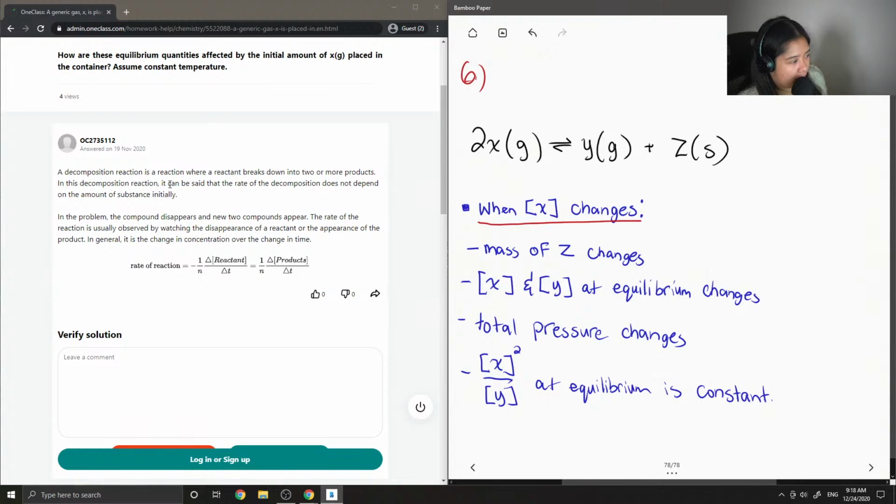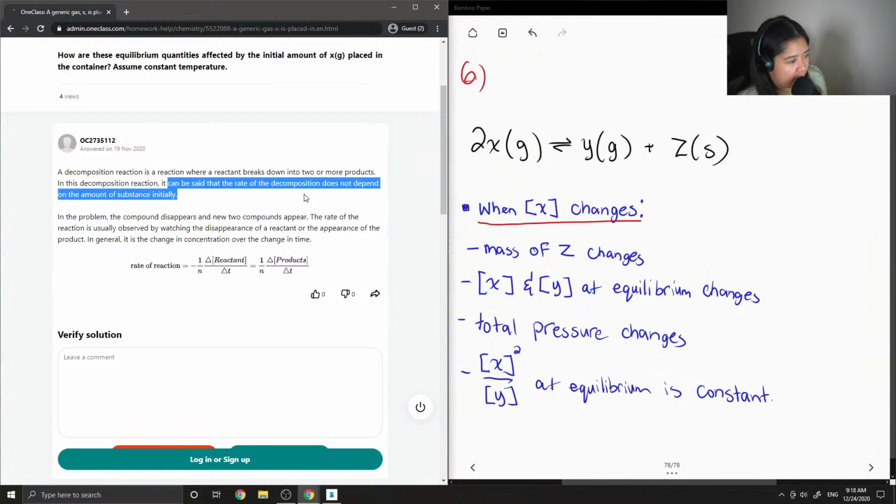Okay, so to continue, it can be said the rate of decomposition does not depend on the amount of substance initially. In the problem, the compound disappears and two new compounds appear. The rate of the reaction is usually observed by watching the disappearance of a reactant or the appearance of product. In general, it is the change in concentration over the change in time.